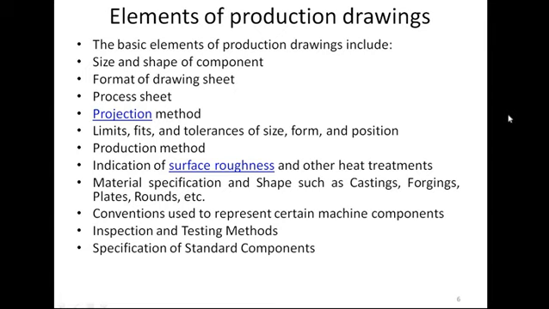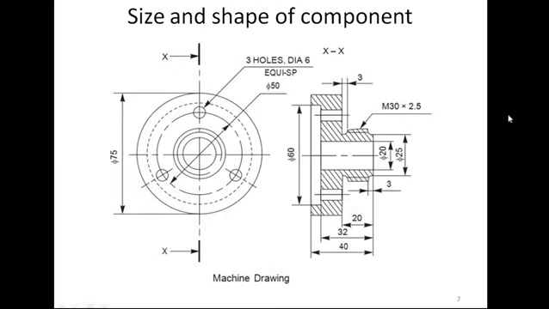We also discussed in previous lectures a simple drawing: how a drawing looks, and how many things are included in a good drawing, and why we call a drawing good, and how many things are required to be included in a good drawing.